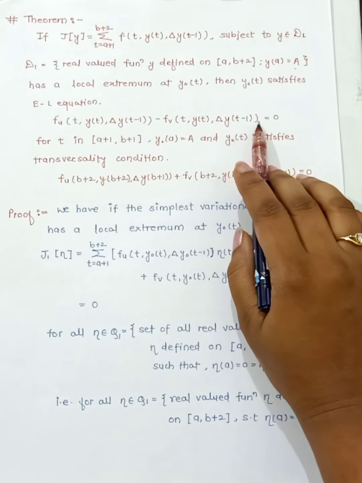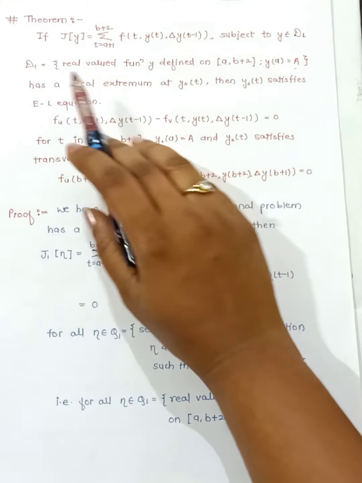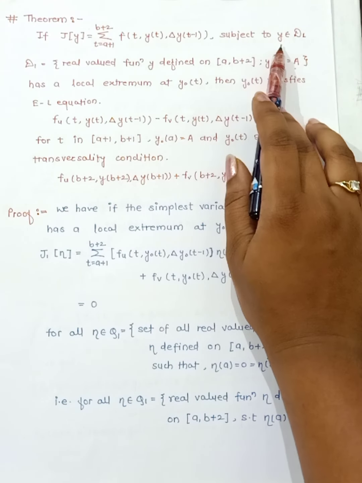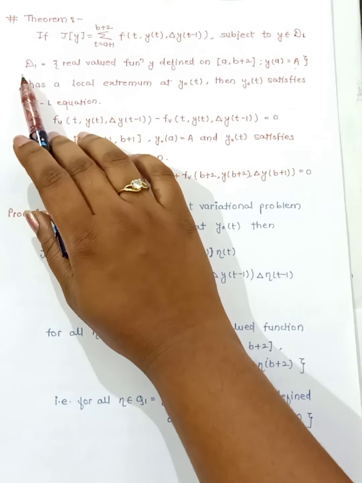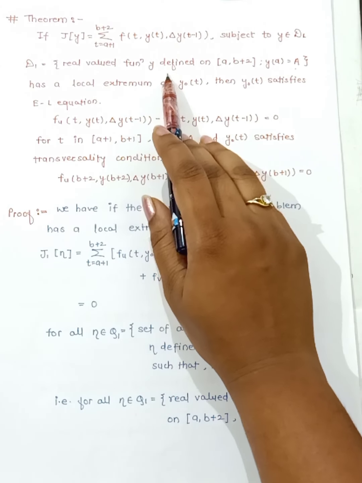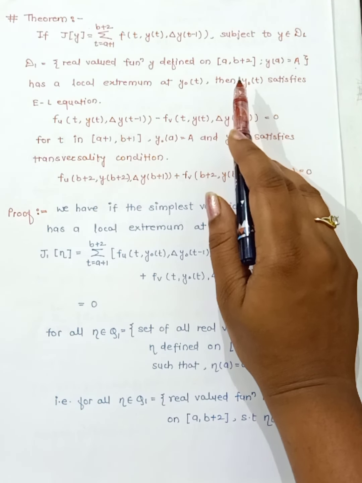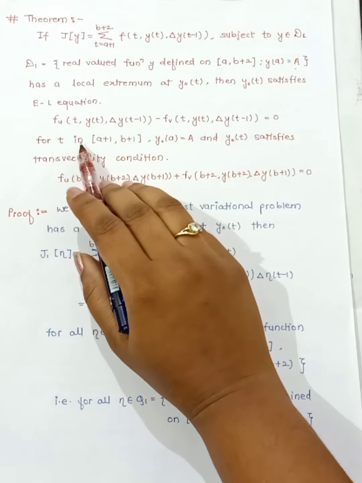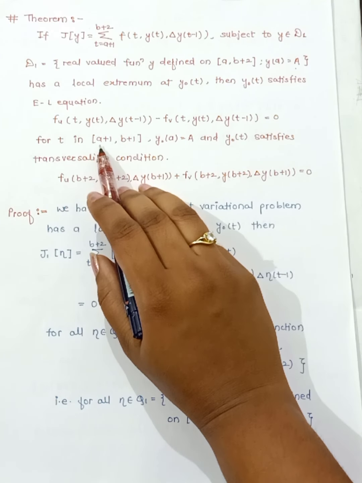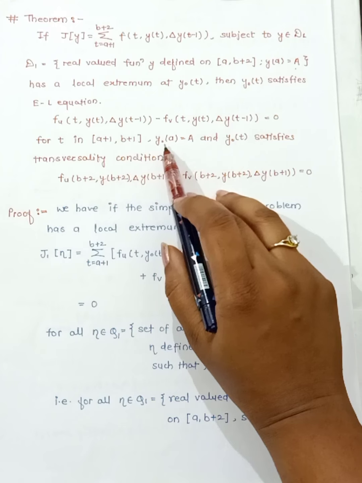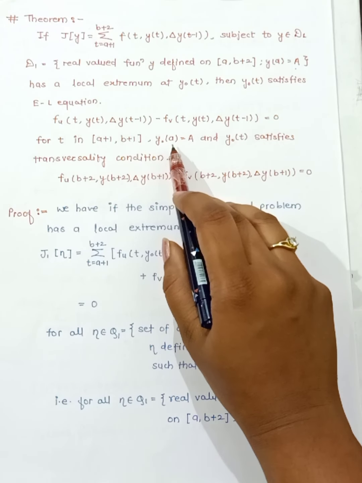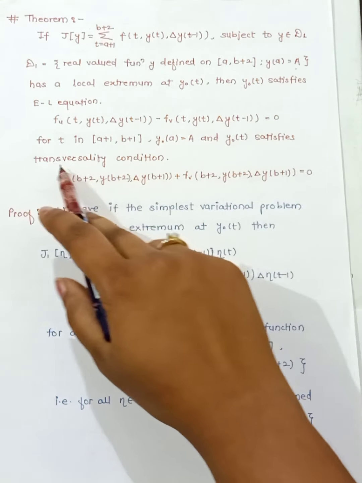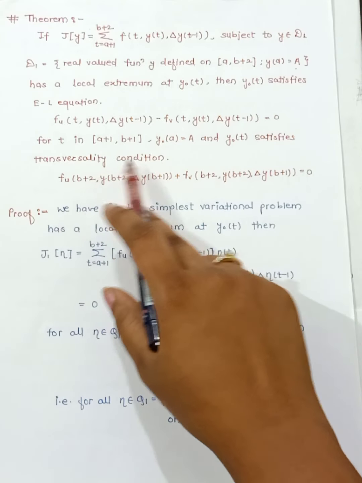So this is our EL equation, and we have given that if this J(y) equals this quantity, subject to y belongs to D1, and D1 is the set of real valued functions, then it satisfies the EL equation for t in the closed interval a plus 1 and b plus 1, and these are the conditions given: y0(a) equals A and y0(t) satisfies the transversality condition.